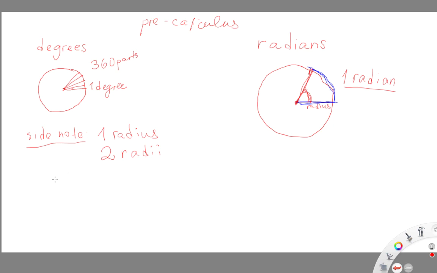So in a circle, we have 360 degrees. Now the question is, how many radians are in a circle?